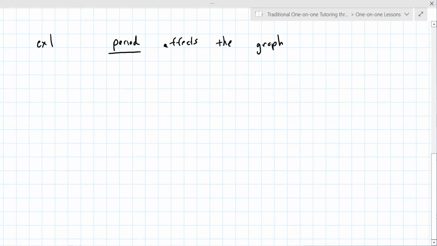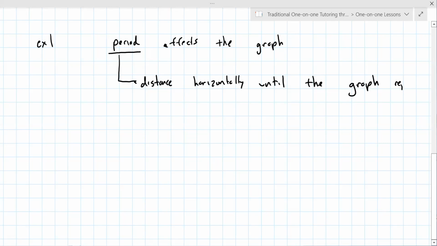Yeah, like the space in between the what do you call them? So the way that I like remembering this is it's the distance horizontally until the graph repeats. And I mean, it's kind of wordy, so it'll make more sense when we do an example.